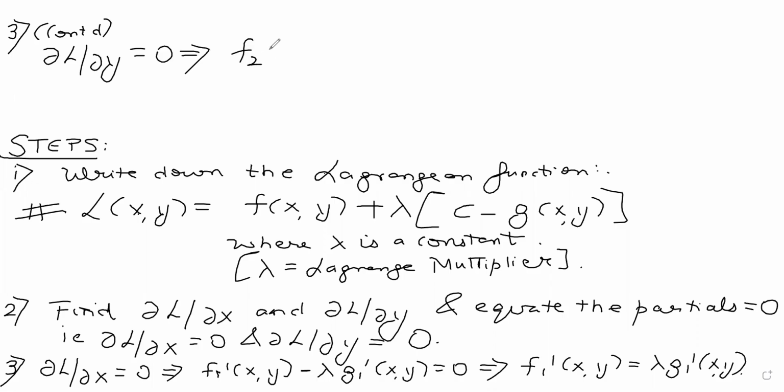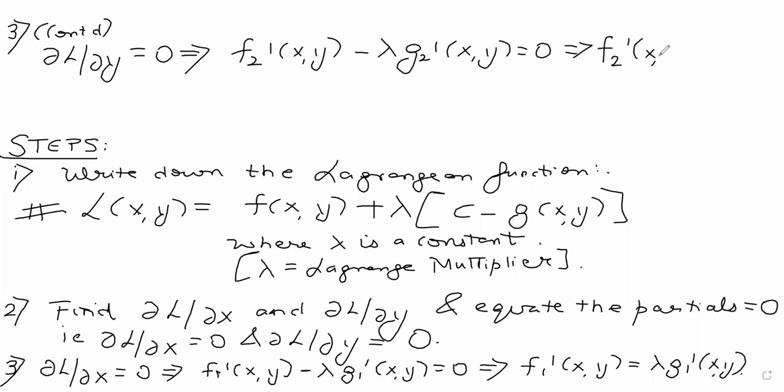It's F2 dash XY minus lambda times G2 dash XY equal to 0, which implies F2 dash XY is equal to lambda times G2 dash XY. This was my equation 1. This is my equation 2.